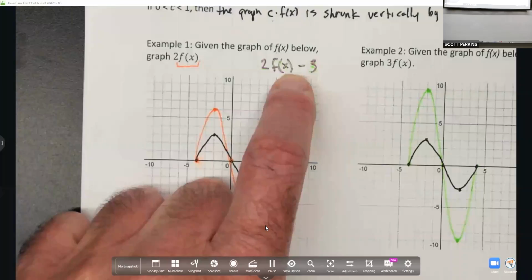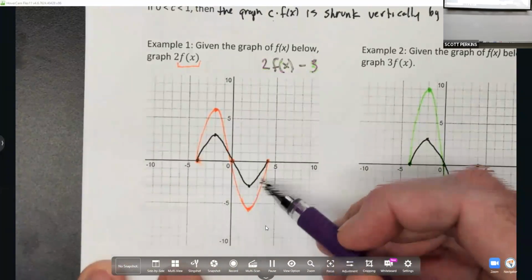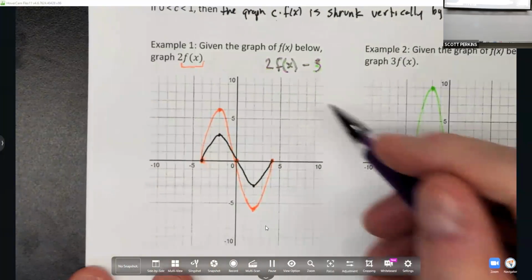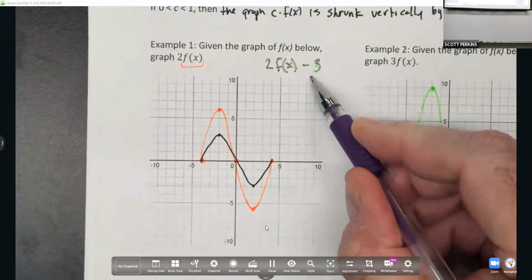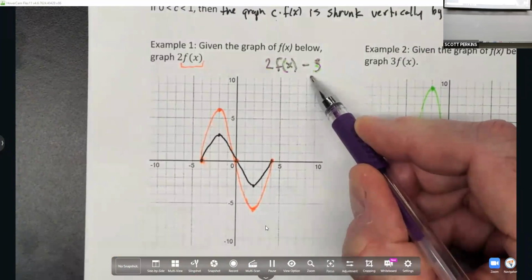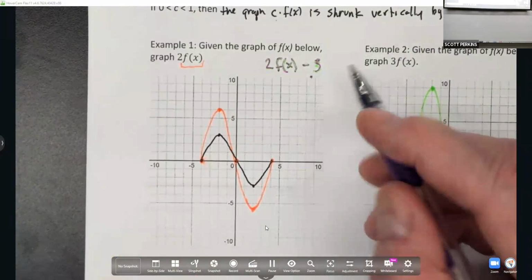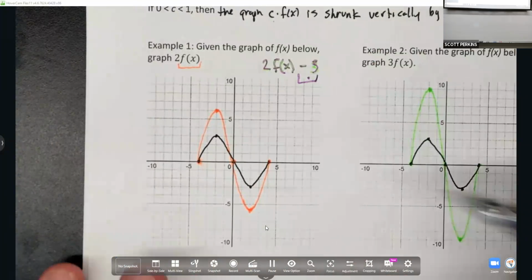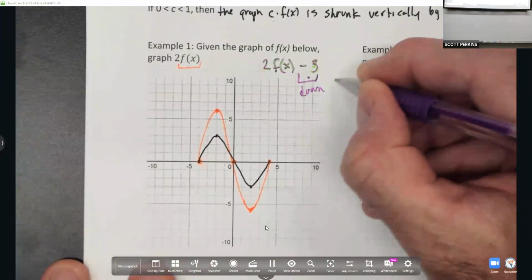I would do 2f of x. And then I would be staring at what I have right here. Now I would go to the final answer. And so what does this -3, this is from last time, what does this -3 do to that graph? Down 3. We are subtracting 3 from all the y values. So because it's outside the function notation, I'm going to take this and it's going to go down 3.